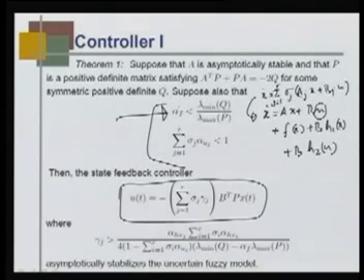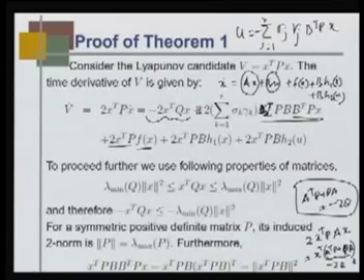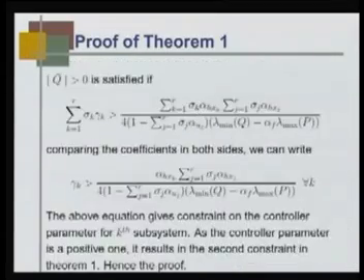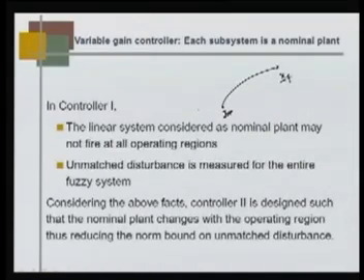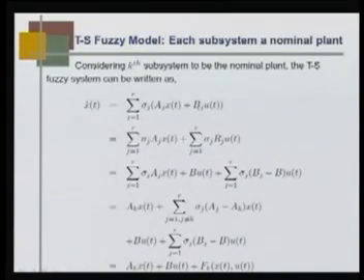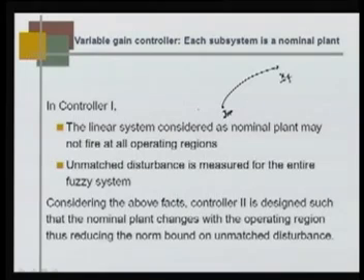And this alpha f is a kind of distance measure between the nominal plant and the actual plant associated with the fuzzy rule that has been fired. So this condition becomes a little too harsh. To relax that, we are now talking about a second controller, where the nominal plant changes with the operating region.